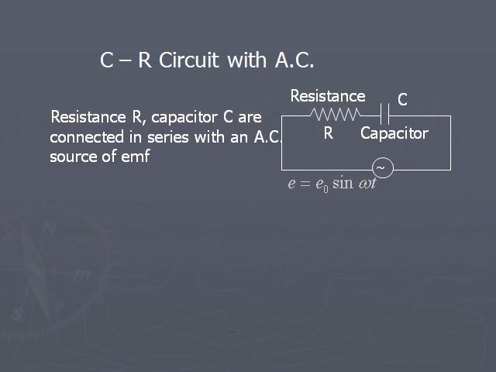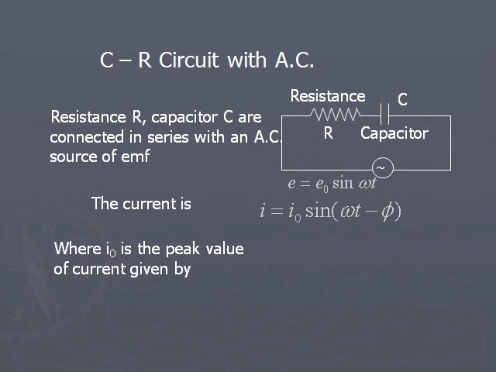The current is given by I = I0 sin(omega t minus phi). This relation can be calculated by using mathematics. Here phi is known as the phase difference. So the current lags behind the EMF by the phase phi.